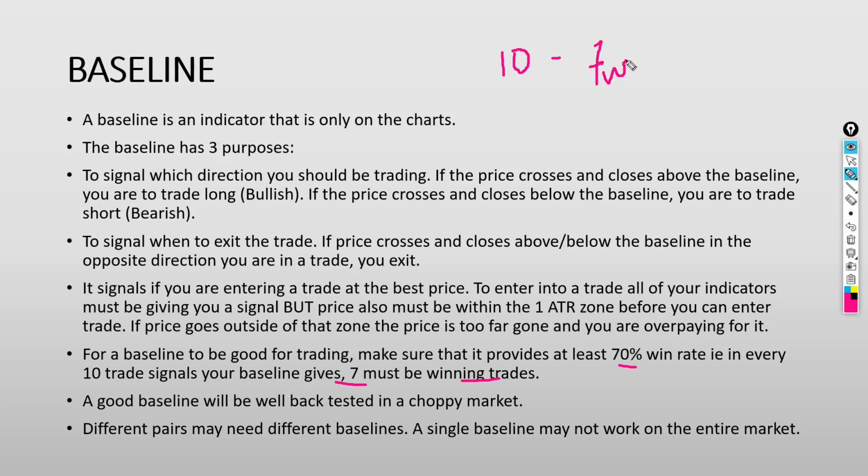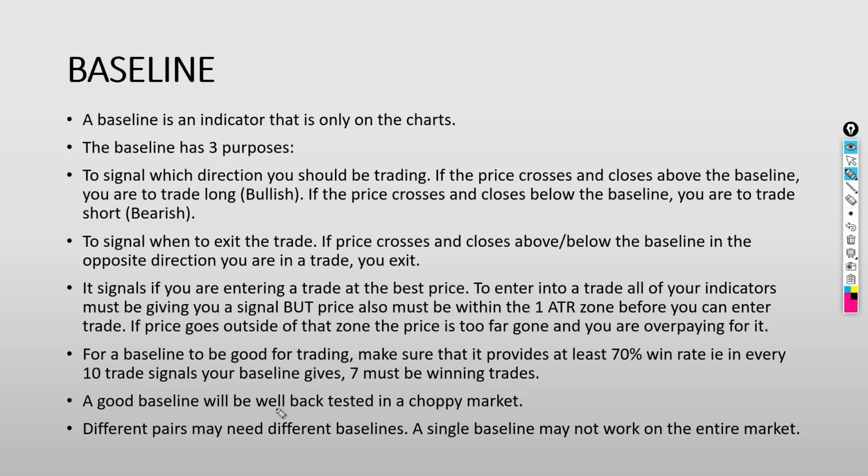When you make 7 wins and 3 losses, it means you're going to have a win rate of 70% and a loss rate of 30%. So you remain profitable. A good baseline will always give you at least a 70% win rate within every 10 trades that you put on a given pair.